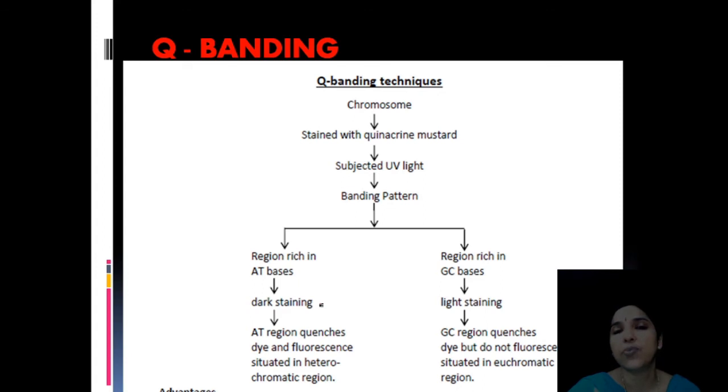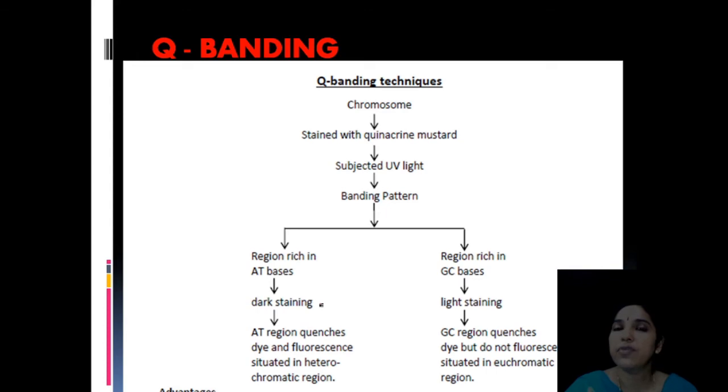Then you transfer drops of the cell culture onto the slide, and first you have to treat it with alcohol. This is a very important treatment. Alcohol in different percentages, 90%, 70% and 50%. Then you wash with phosphate buffer, that is also important. Then stain with 5% quinacrine mustard. Clear?